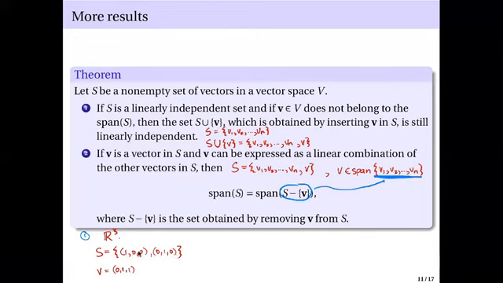The span of these two guys, the third component is always 0. Your vector V, the third component, it's 1. So definitely here, V does not belong to the span of S.